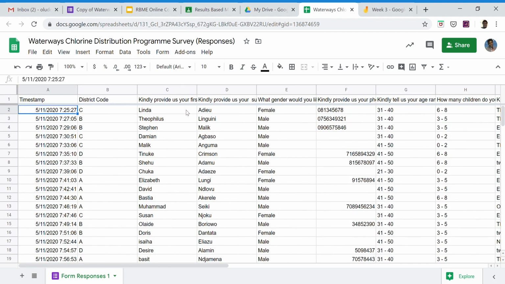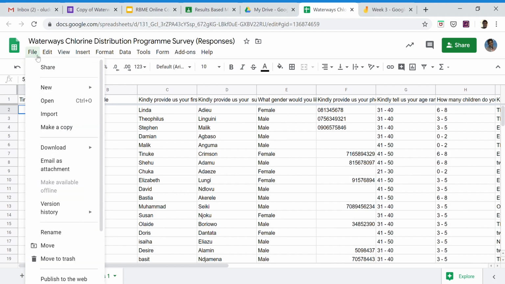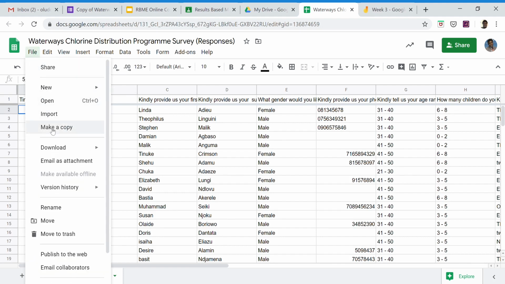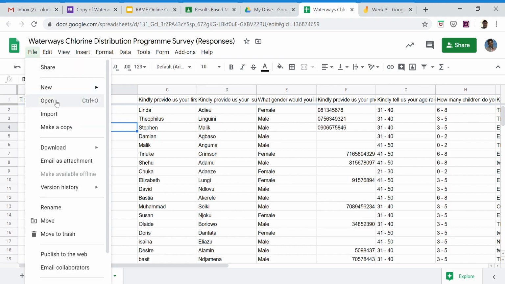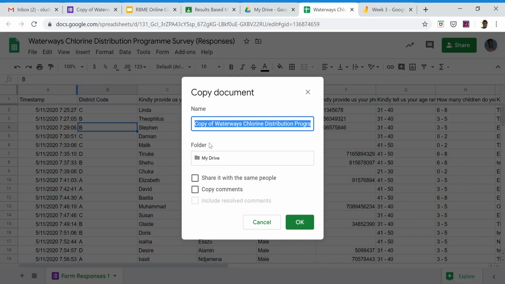So these are our 11 responses, and you have a timestamp. Normally, when we want to prepare this for proper analysis, it is in this format. What I'll do is just make a copy so that I have the original.